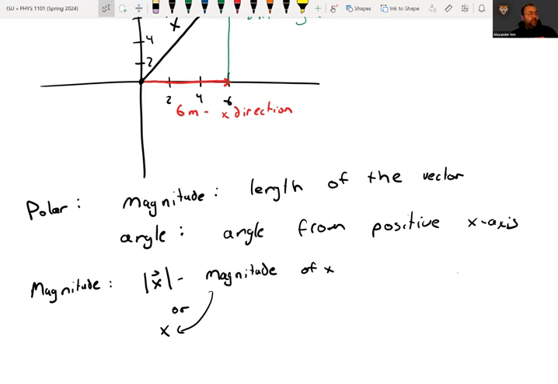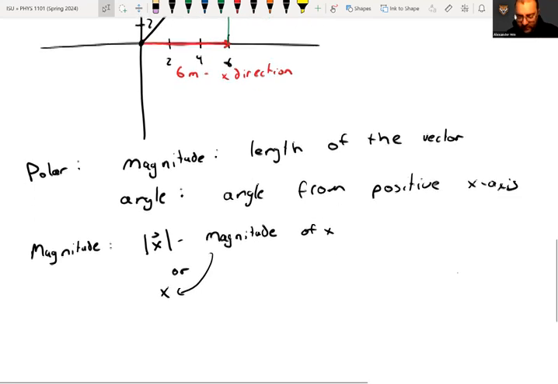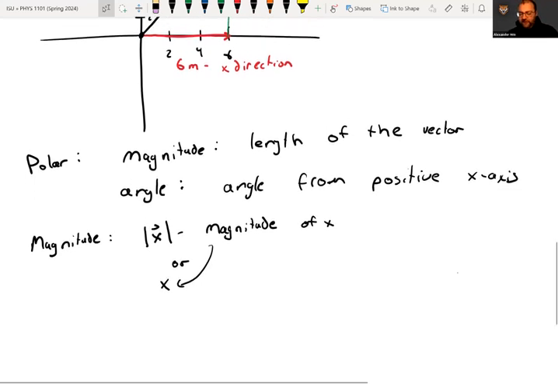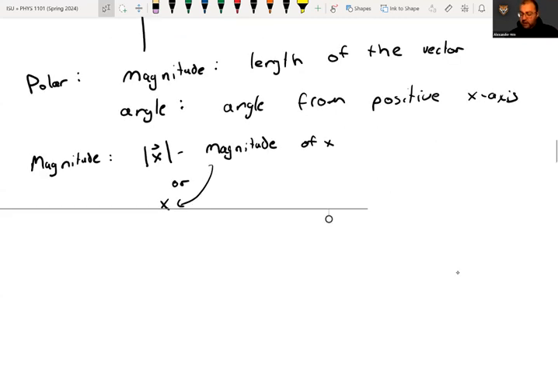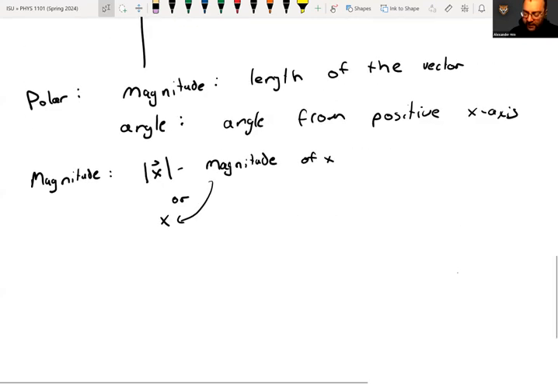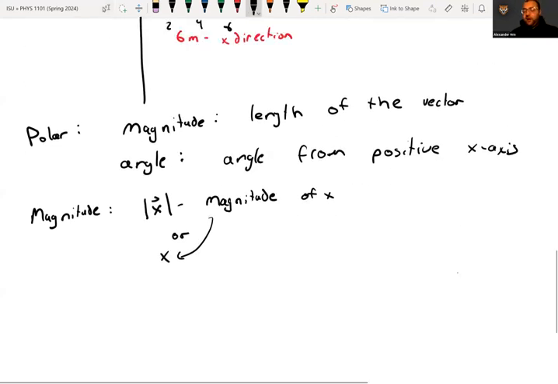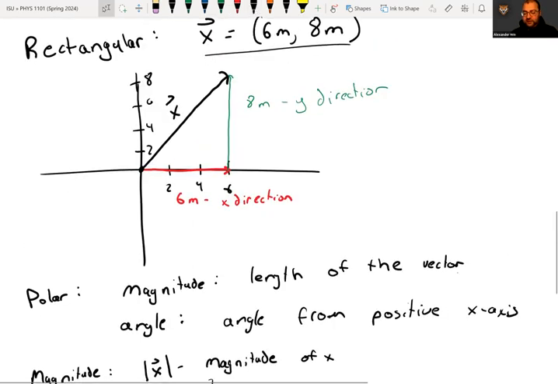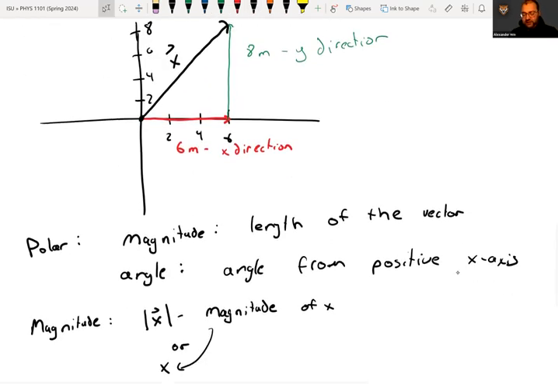Okay. Now, if we want to find the magnitude of x, the other reason this can sometimes get confused is that it's unclear if this is the magnitude of the vector x, of the position vector, or if it's the x component of the position vector.